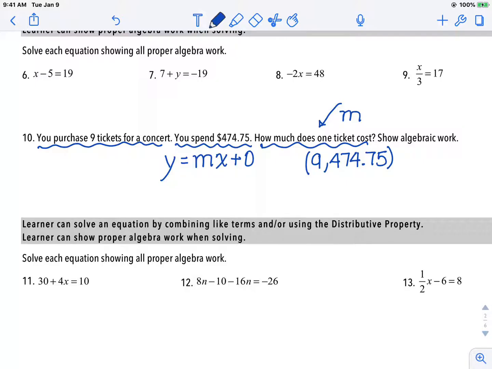So I know that my y value should come out 474.75, and you don't have to think it through in this many m and x terms, but this may help people. We're missing the slope, and I know I bought 9 tickets. Doing a little division then will help you solve the problem and answer the question. Be sure to add a label.